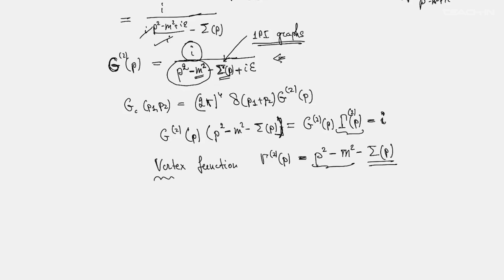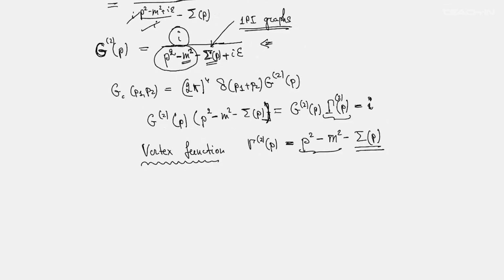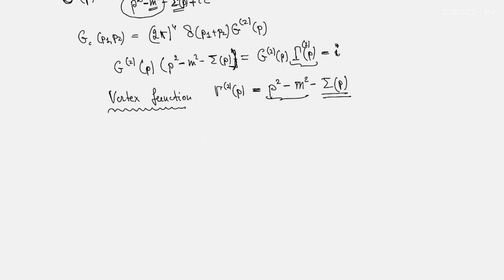And the vertex function is an important new quantity. In fact, we can introduce an infinite number of vertex functions by making them in a way equivalent to Green's functions through the so-called Legendre transform. Legendre transform is something which you know very well from classical mechanics, and it works in this way.